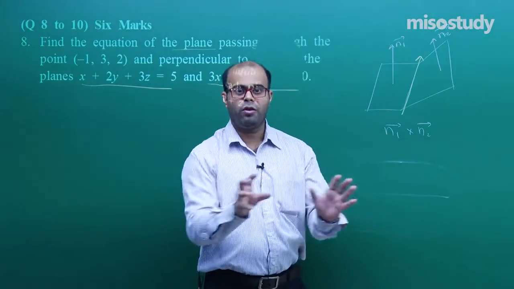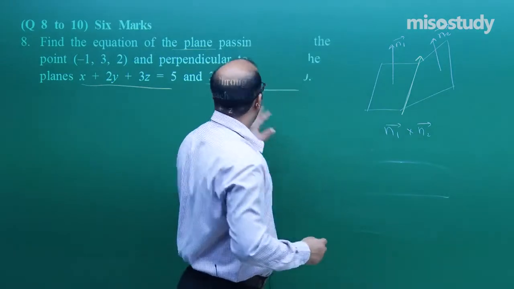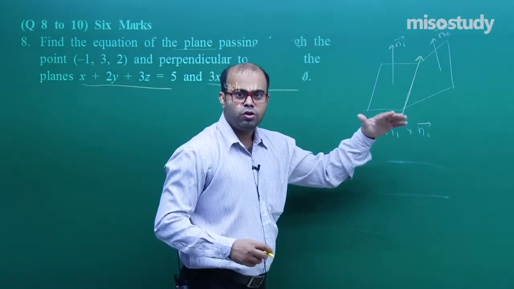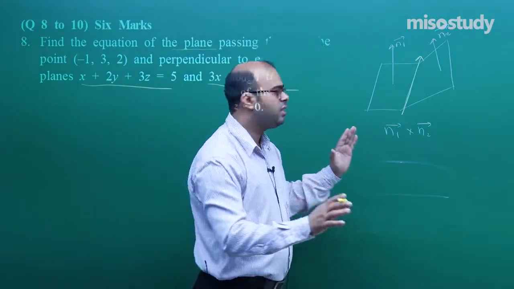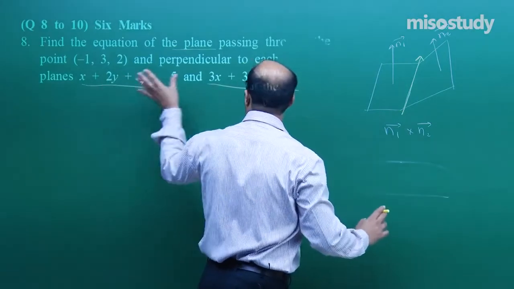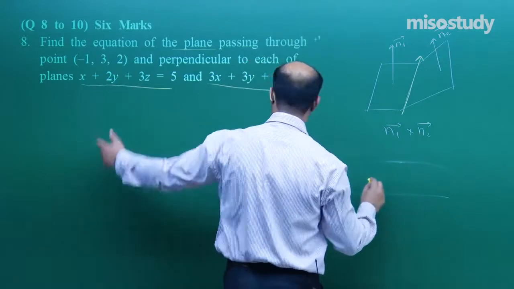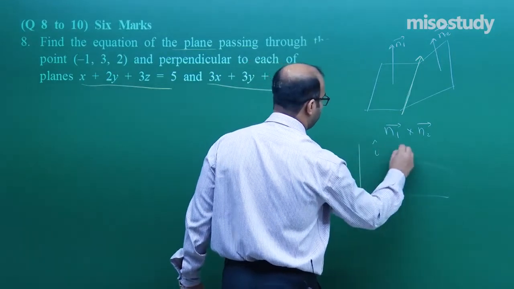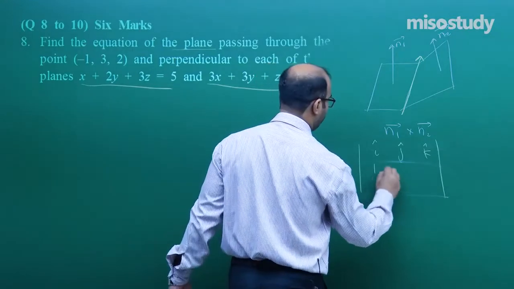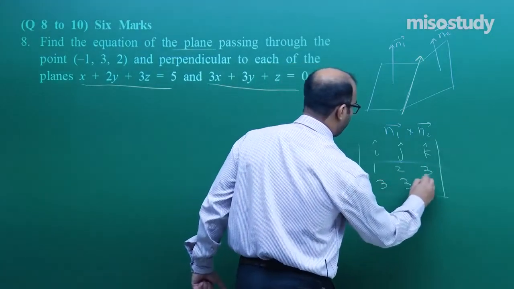So we have come to a final conclusion that the required plane has a normal vector which is nothing else but the cross product of the normals of these two planes, right students? So what is the cross product? Let us see. i, j, k; 1, 2, 3 first normal; 3, 3, 1 second normal.